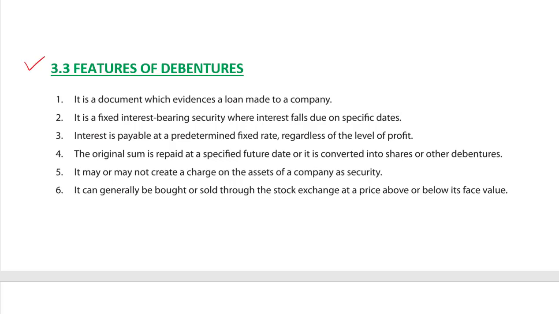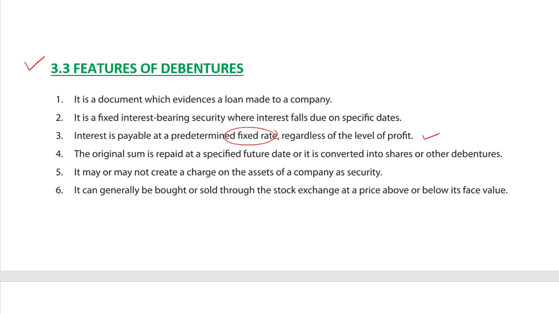Features of debentures. It is a document which evidences a loan made to a company. It is a fixed interest bearing security where interest falls due on specific dates. Interest is payable at a predetermined fixed rate regardless of the level of profit.